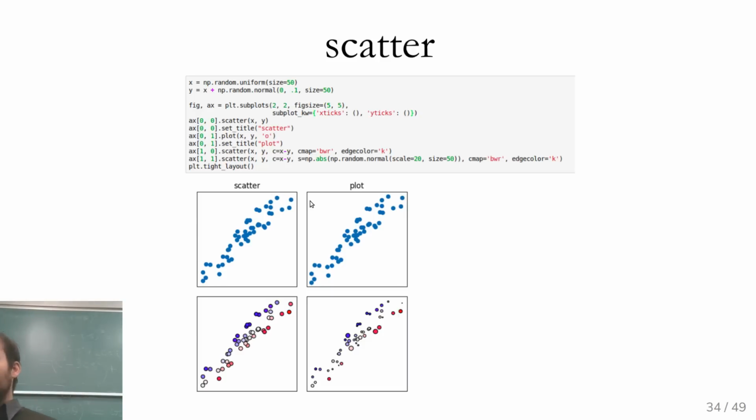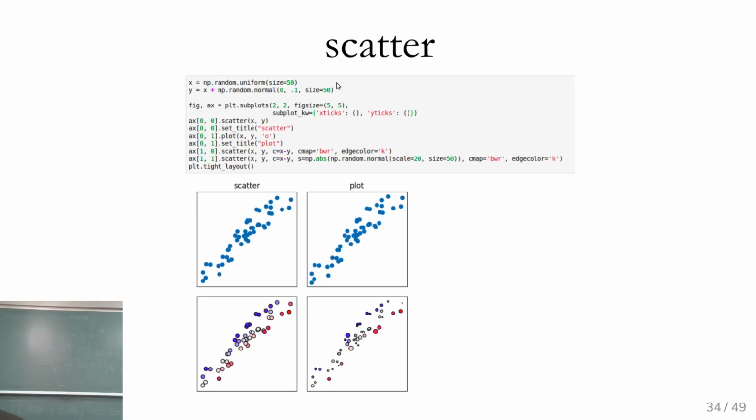What scatter also allows you is to use some of the other scales, the other mediums that we talked about earlier. So I can use, say, color or size. So here, for this one, I say the color is x minus y, so everything on the diagonal will be white, and everything above the diagonal will be blue, and everything below the diagonal will be red. Here I used bwr, which is a diverging color map, so white is in the center, and I know where the 0 is.